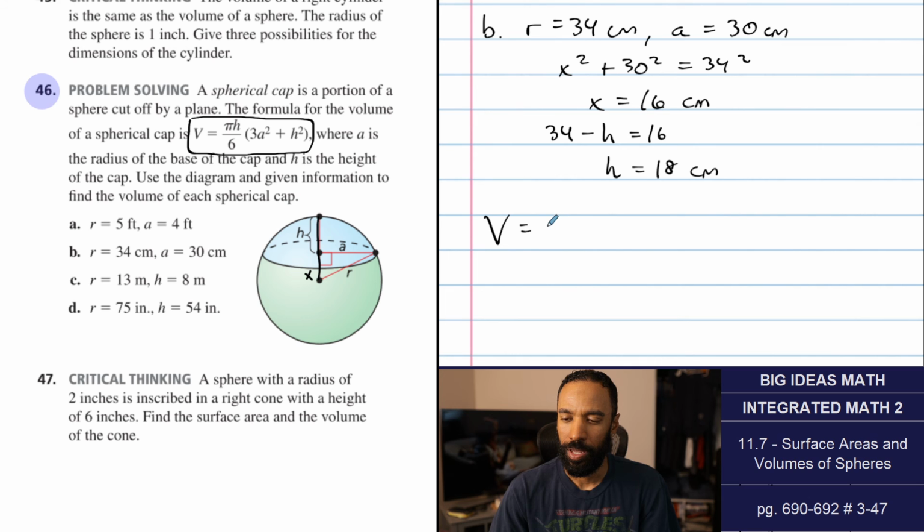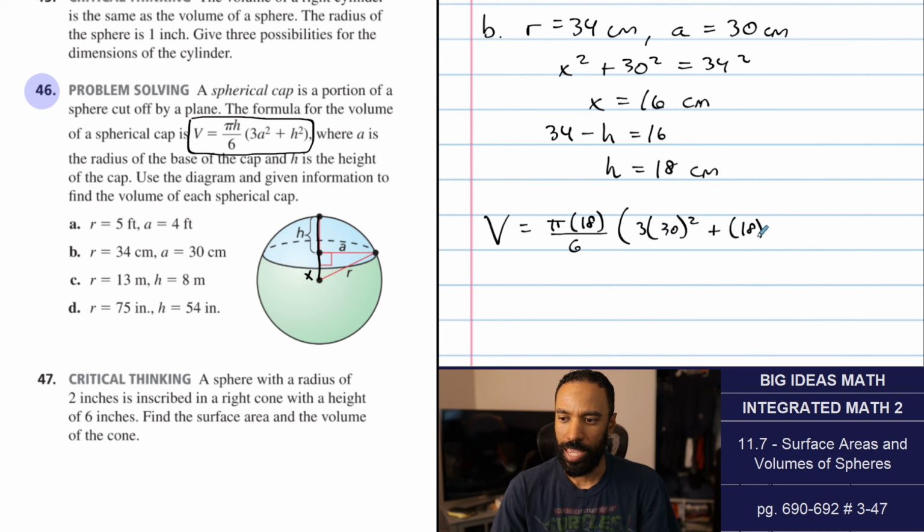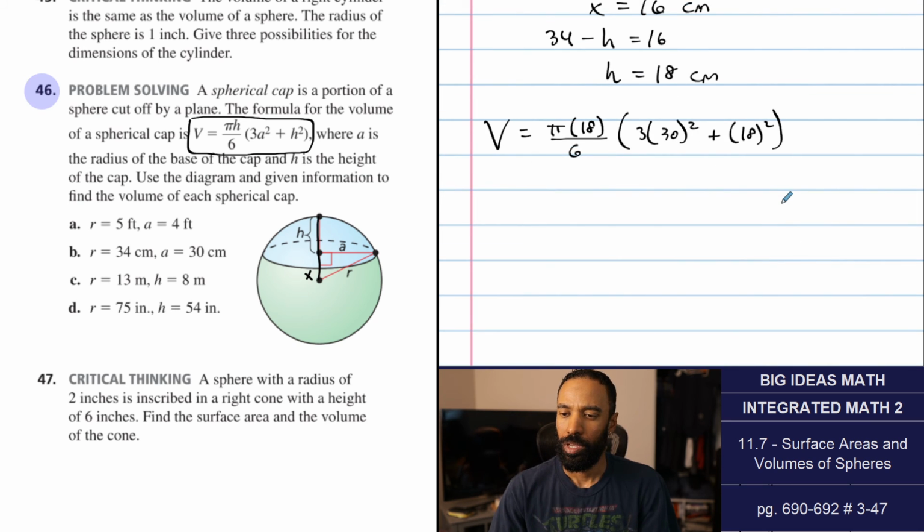So volume is pi times 18 over 6. That looks like 3 pi. 3 times A squared, they gave us nice big numbers, plus 18 squared. So again, 18 over 6 is 3, so you get 3 pi times, that's 900 times 3, 2700, plus 324.